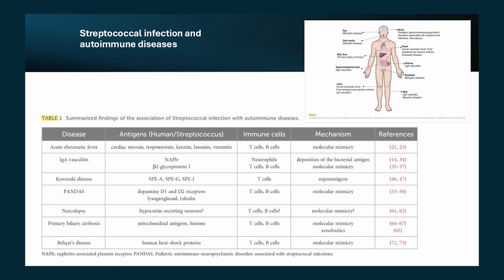Or, if we consider pediatric autoimmune neuropsychiatric disorders associated with streptococcal infections, PANDAS, we know that it's a sudden onset obsessive-compulsive disorder accompanied by a previous streptococcal infection. Symptoms include separation anxiety, nighttime fears, cognitive deficits, oppositional behaviors, and hyperactivity.